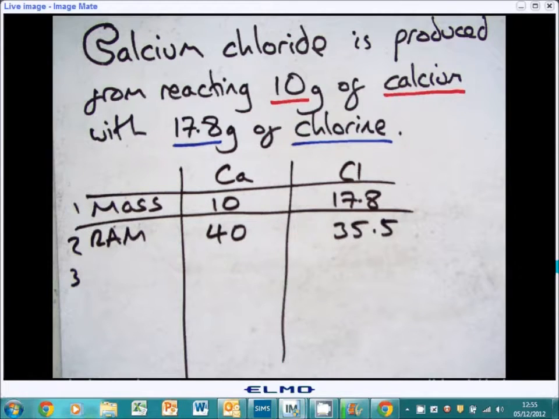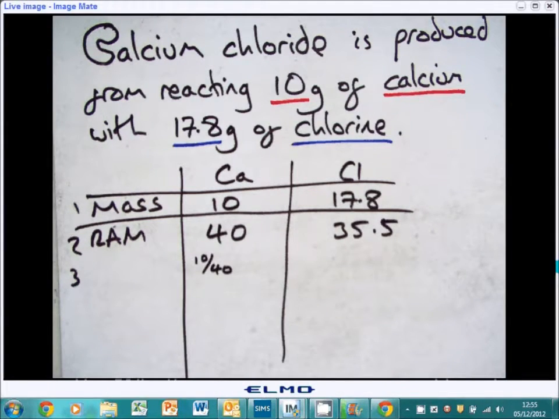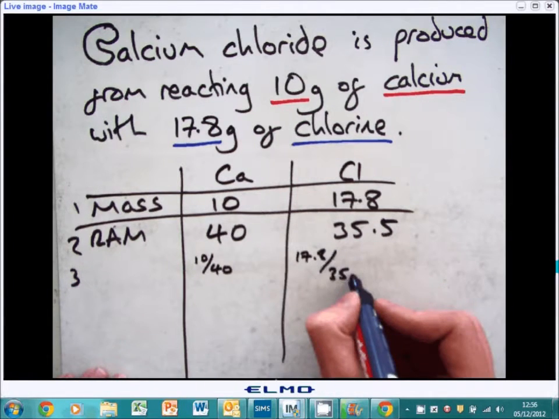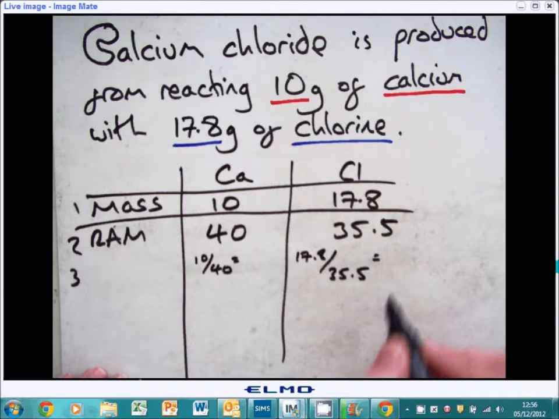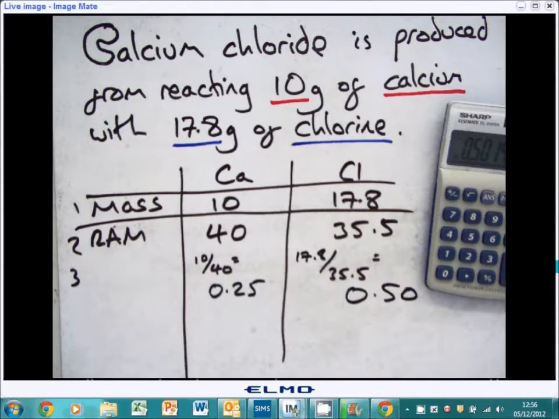Step 3, you need to divide the mass by the relative atomic mass. So it's 10 divided by 40 and 17.8 divided by 35.5. The next step is you've got these as a ratio now. Divide by the smallest number and that will give you whole numbers.